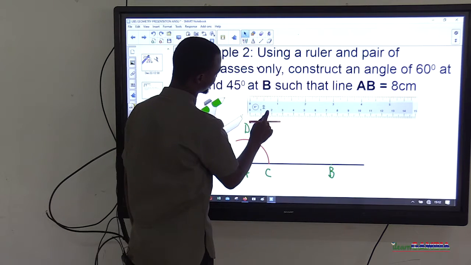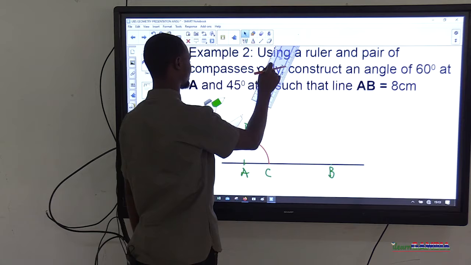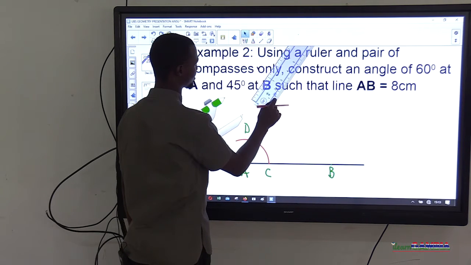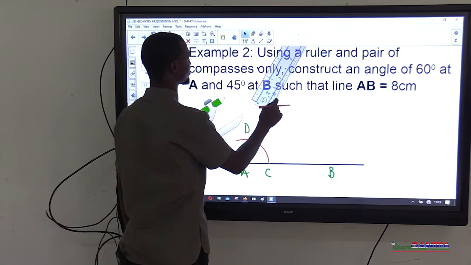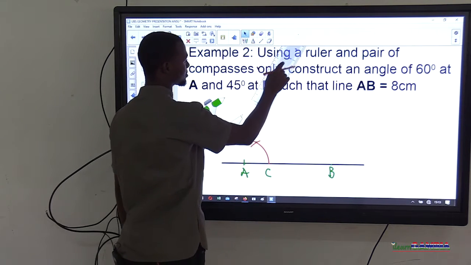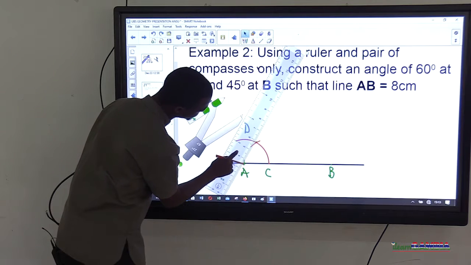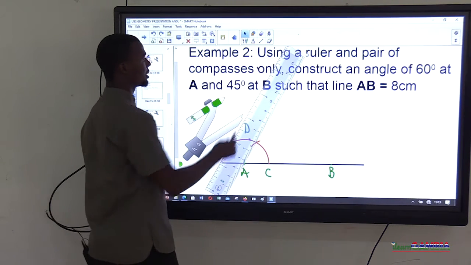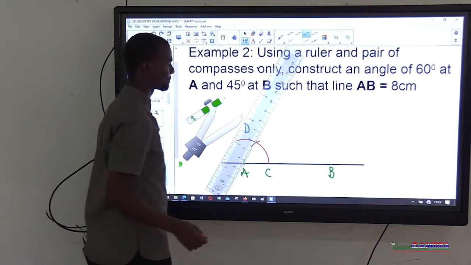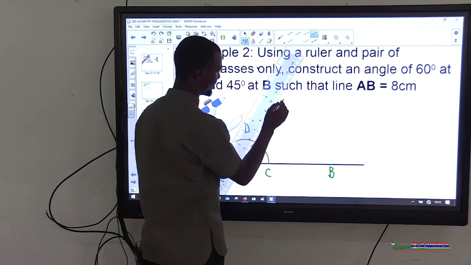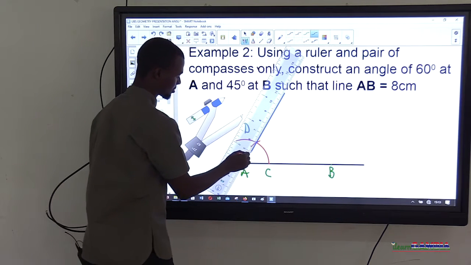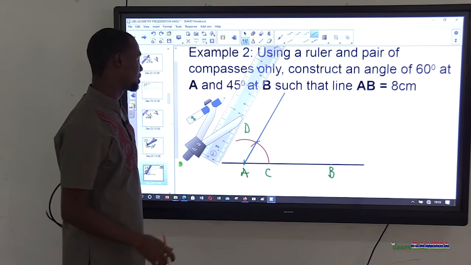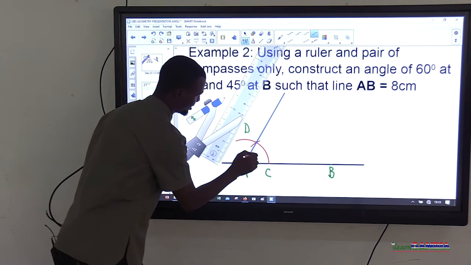So we get 60 degrees. DA is 60 degrees. That's the blue line. So angle A we have there 60 degrees.